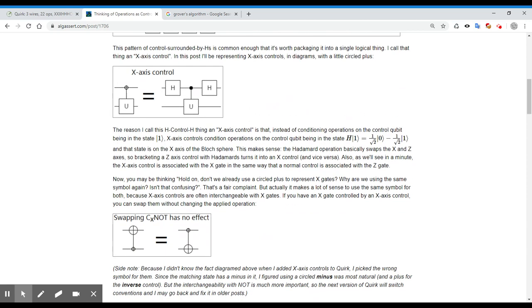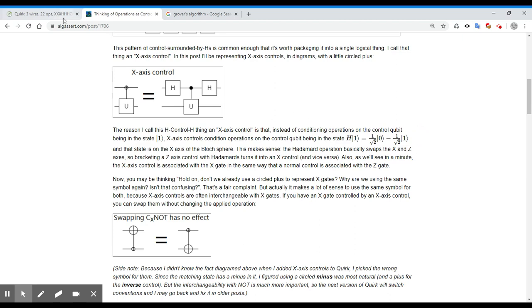The reason I call this H-control-H thing an x-axis control is that instead of conditioning operations on the control qubit being a 1, an x-axis control conditions operations on the control qubit being a minus. And that state is on the x-axis of the Bloch sphere.